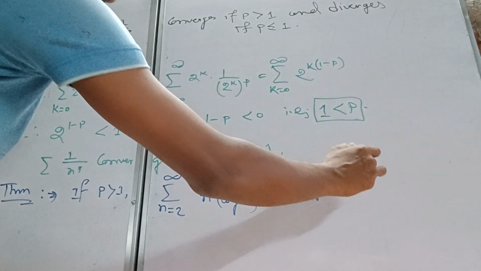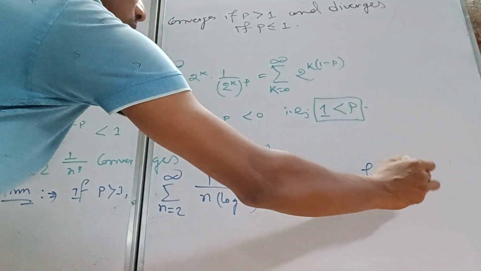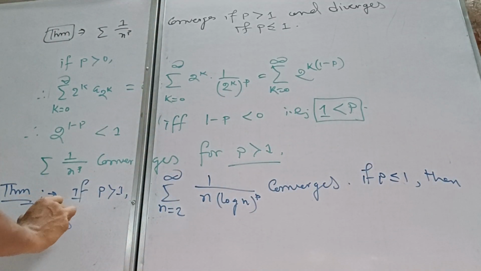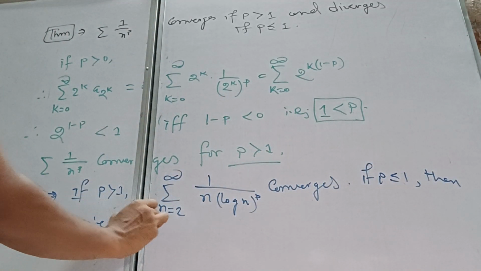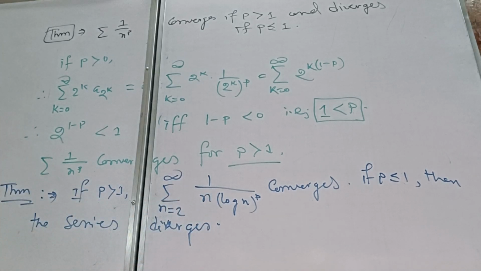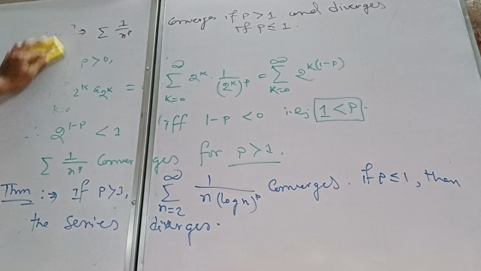And if p is less than or equal to 1, then the series diverges. Here is our portion, and using this theorem we also prove that.